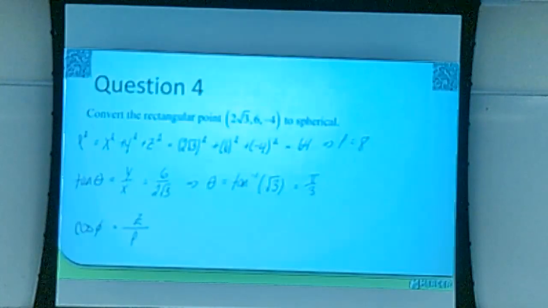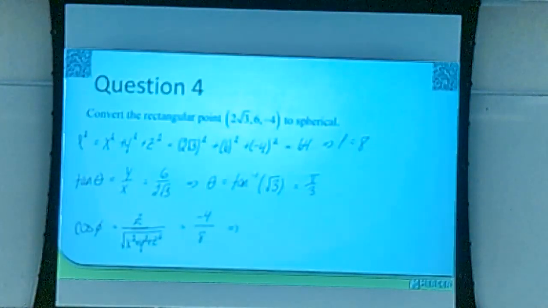Technically, since rho could be negative, it's z over the square root of x squared plus y squared plus z squared. Cosine phi is negative 4 over 8.